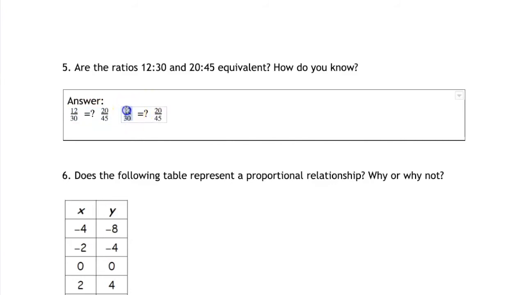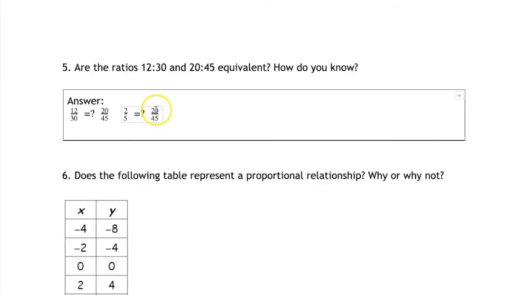And 12 divided by 6 is 2. 30 divided by 6 is 5. Okay. So 12 divided by 6 is 2. 30 divided by 6 is 5. 20 and 5.